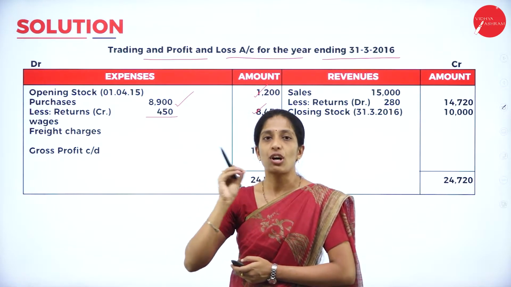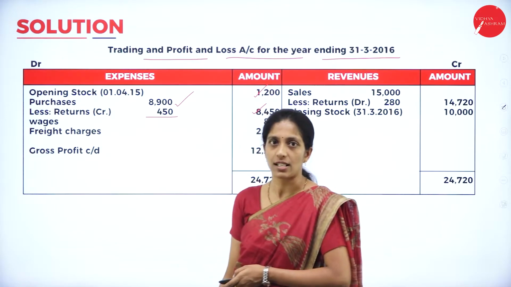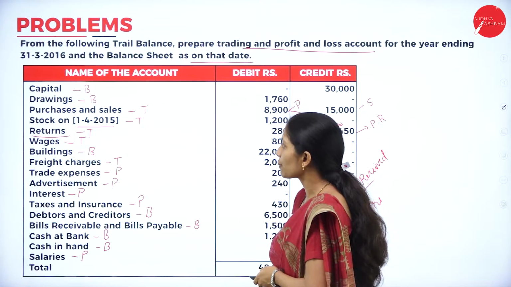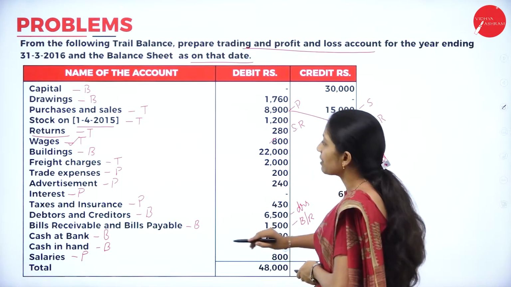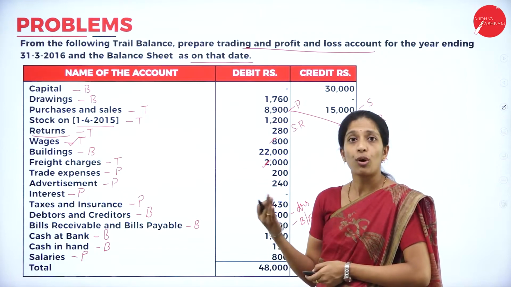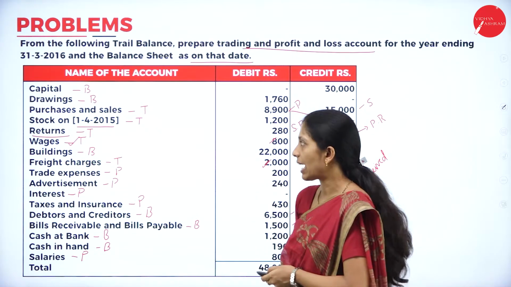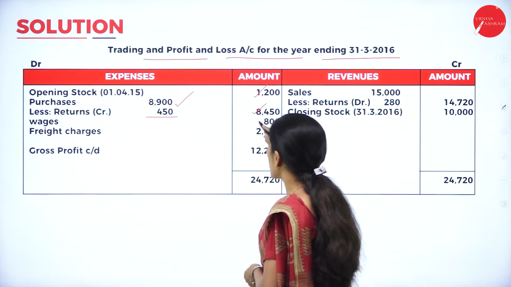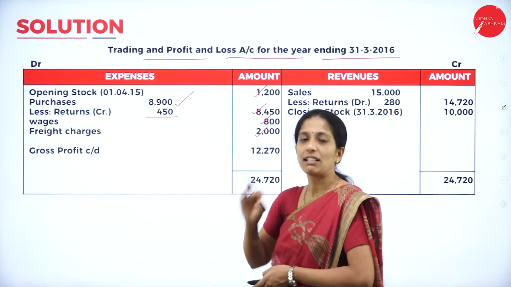So, to opening stock, to purchases less returns, to all direct expenses. Now, let us see which are the direct expenses we have. We have wages here. Wages is 800 and one more is freight charges 2,000. No more adjustment on wages as well as freight charges. So, write it directly. To wages 800, to freight charges 2,000. So, we are done with the debit side.